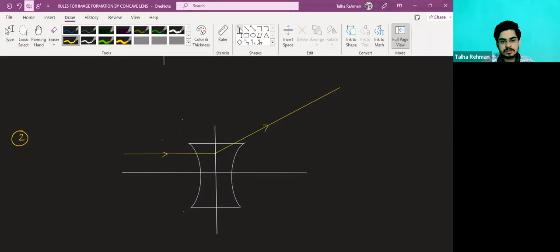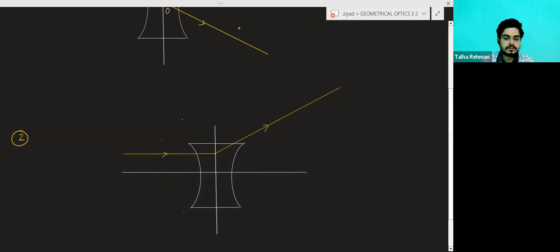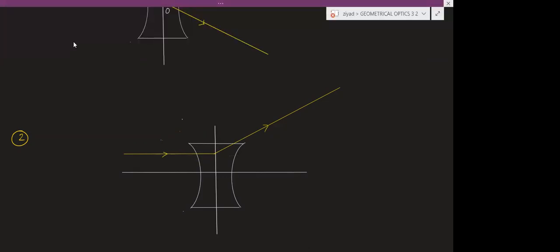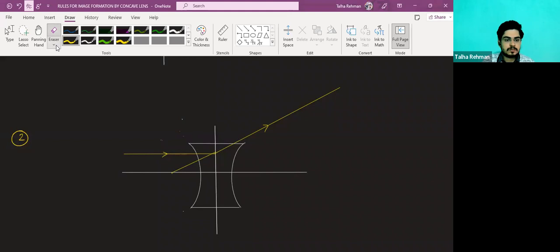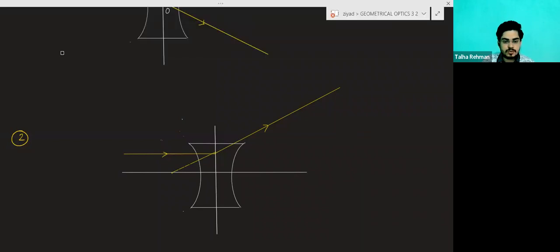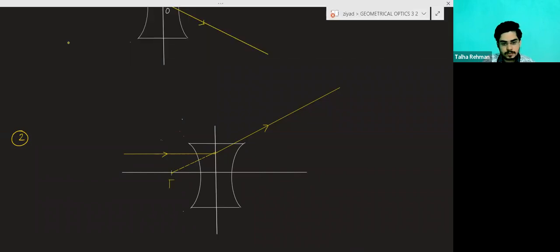And when you produce this diverged ray in the backward direction, it will appear to meet at F2, at the focus of the concave lens. Third rule.